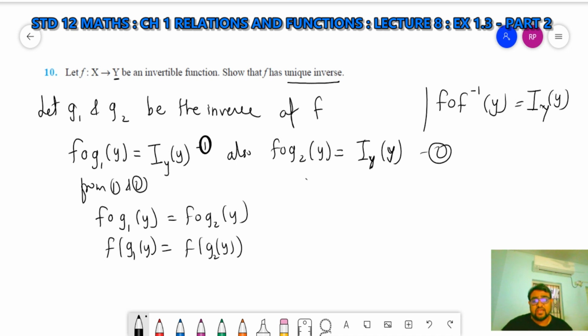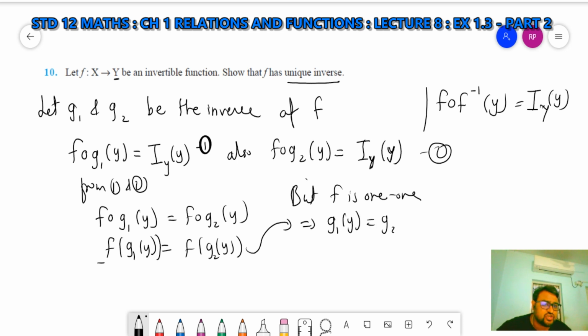Okay, now see, f is one-one and onto. How? It is given f is an invertible function. That means f is a one-one function. Now f is one-one means f(x1) equals f(x2) implies x1 equals x2. So f(g1(y)) equals f(g2(y)). This implies g1(y) is equal to g2(y).